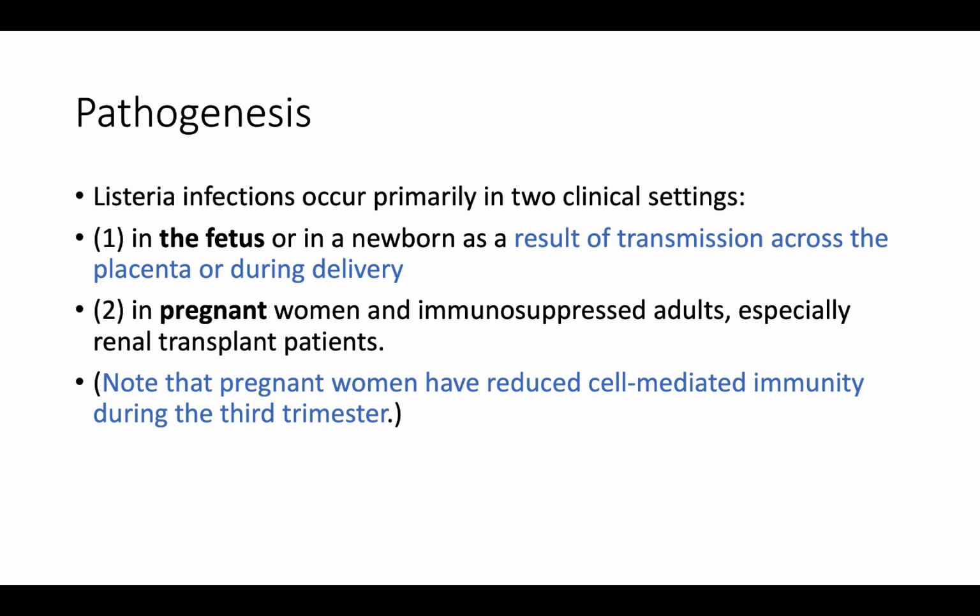This is a very common organism in renal transplant patients. Honestly, if you look at the literature, we don't really know exactly why Listeria especially, and why especially in renal transplant. But that is actually a problem in many renal transplant patients.